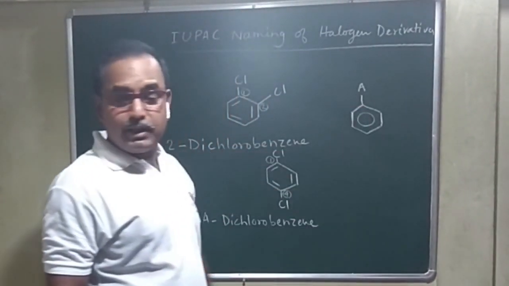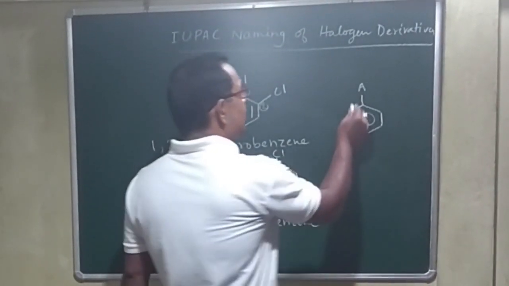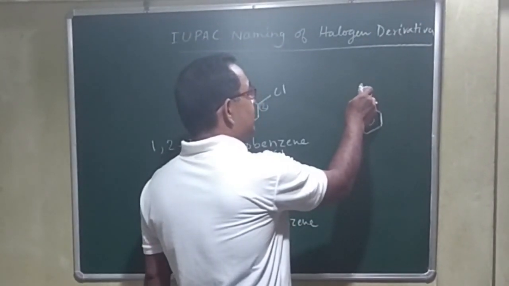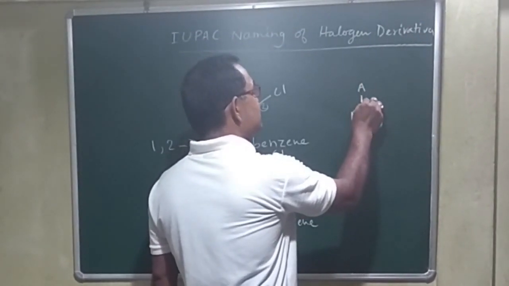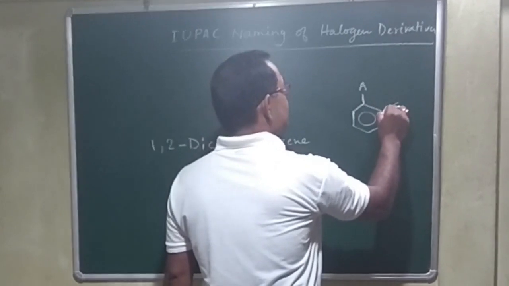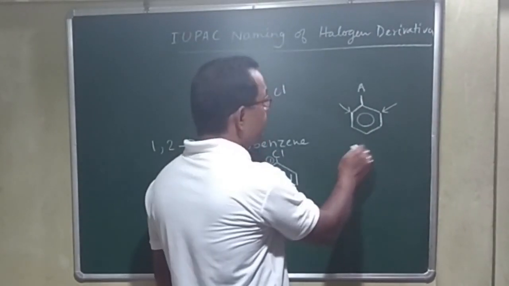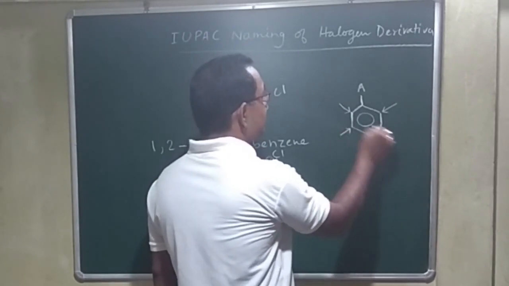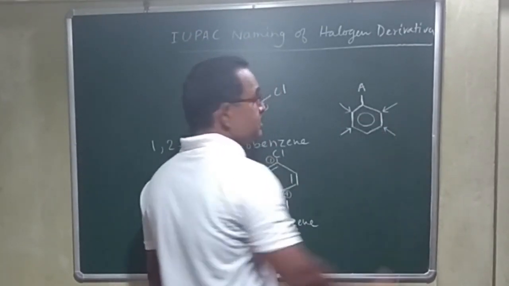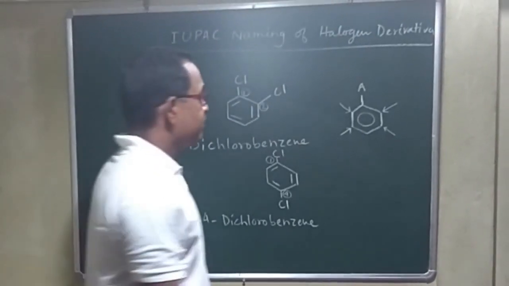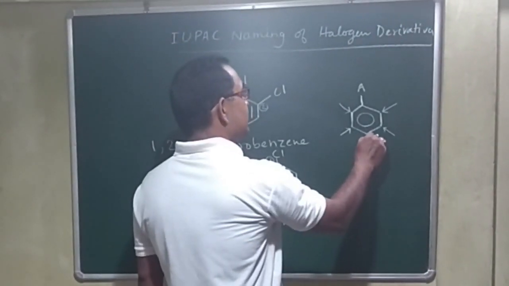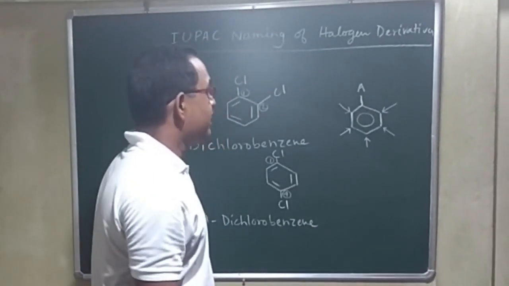So this is a substituted benzene. With respect to the substitution A, this and these 2 positions are equivalent. This and these 2 positions are equivalent. And this position is unique. Is it not? It is unique.